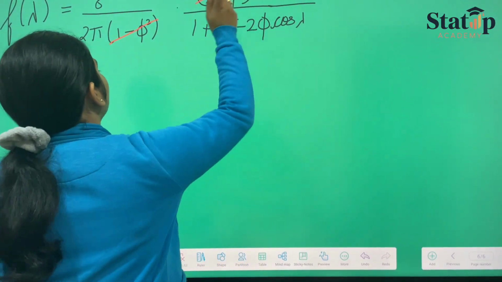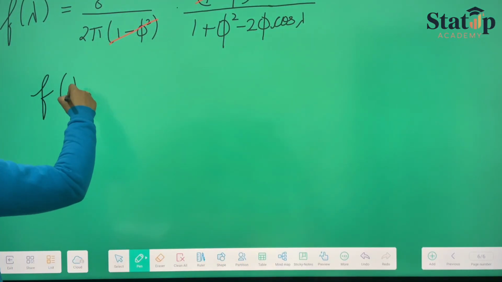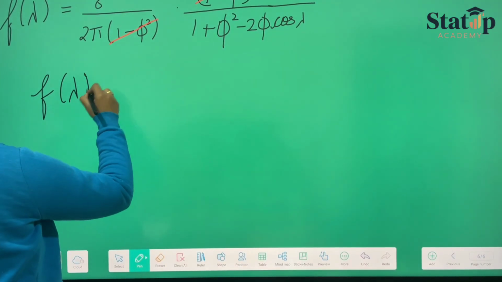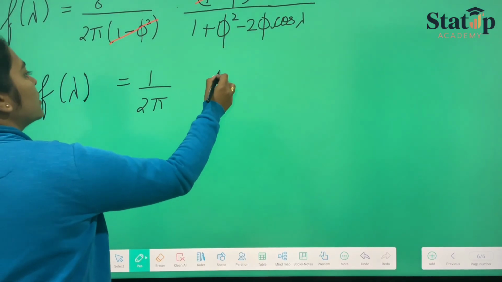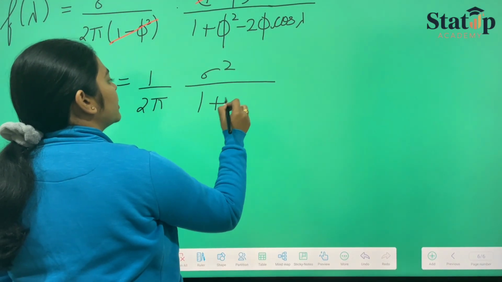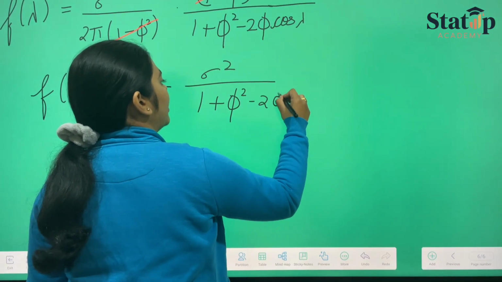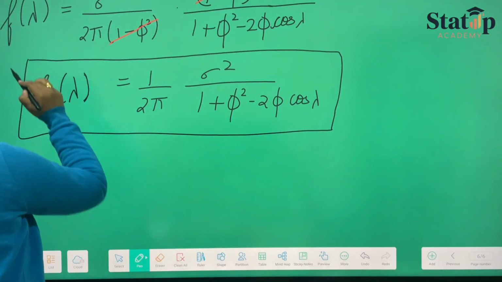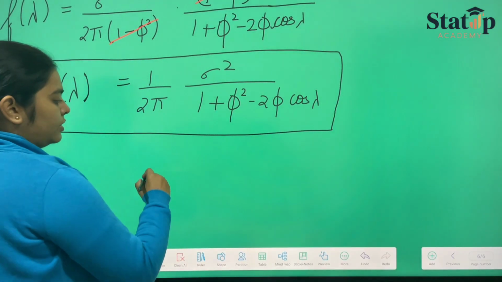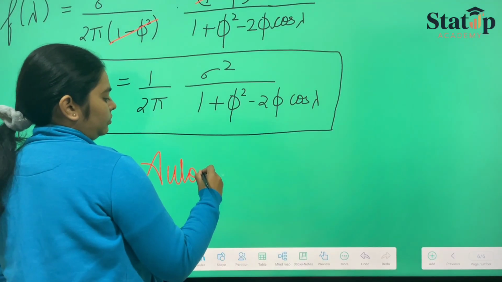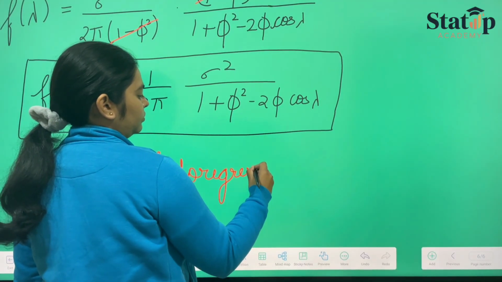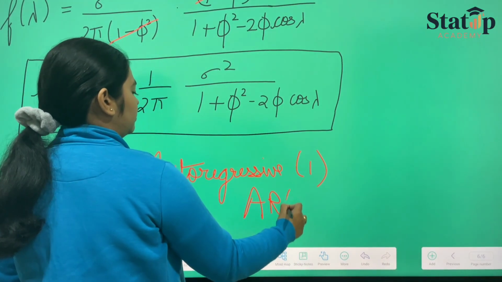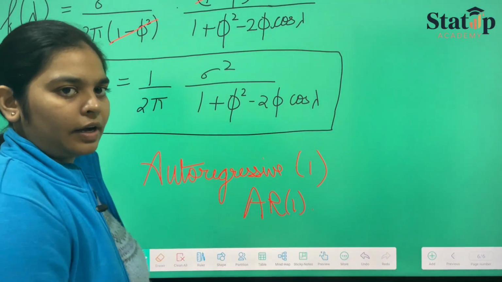This phi square and this phi square will get cancelled, and we are only left with f(lambda). We can write this as 1 upon 2 pi, sigma square upon 1 plus phi square minus 2 phi cos lambda. So this will be our spectral density function of our autoregressive series of order 1, AR1, and hence this is our final answer.